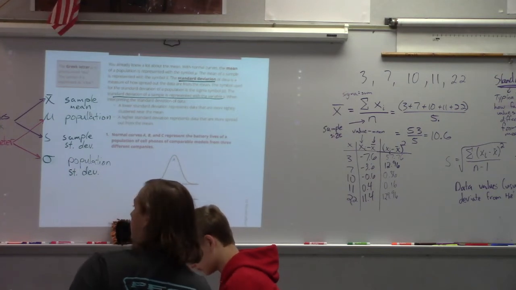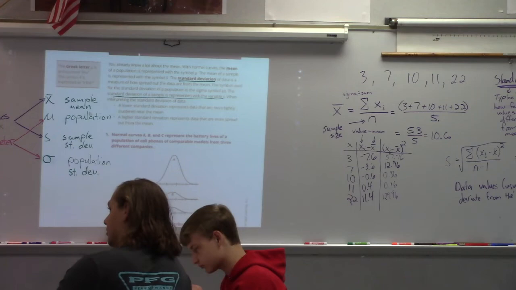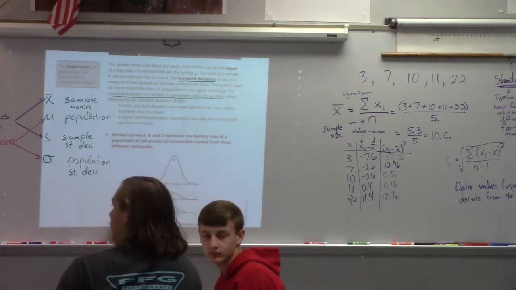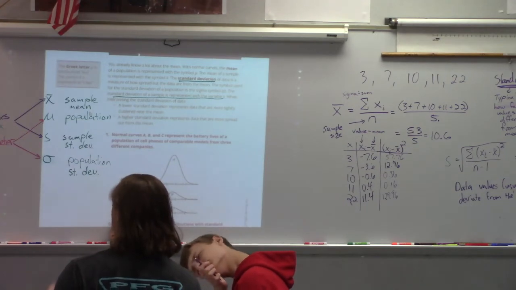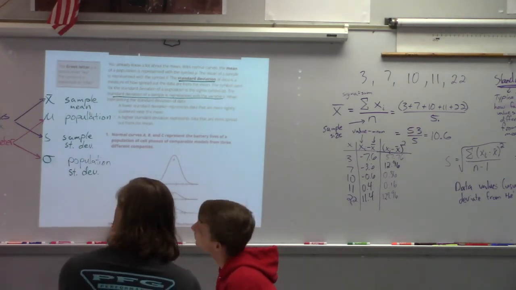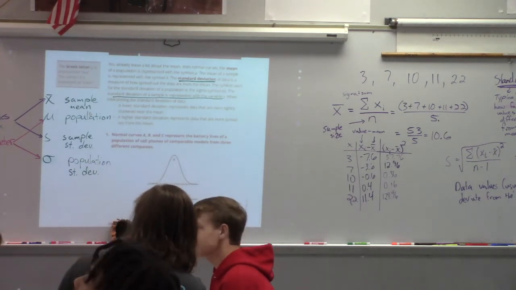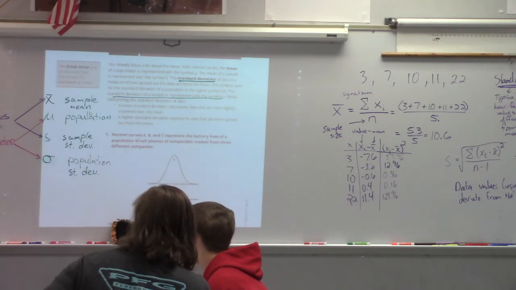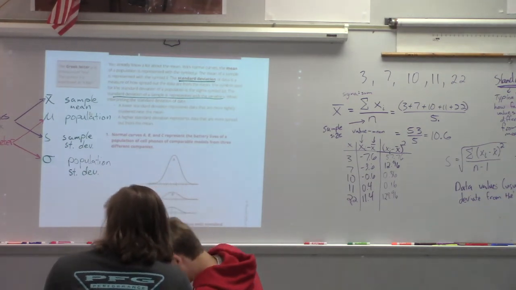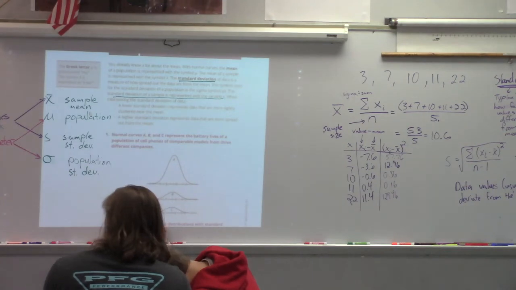If I got a sample and the sample mean was 7.6, what do you think the population mean might be? 7.6, because the sample is the population. Well, not is, but it's representing it, hopefully. We're going to talk more later about how to get a better estimate. But the whole thing is that a sample is supposed to be close to a population.